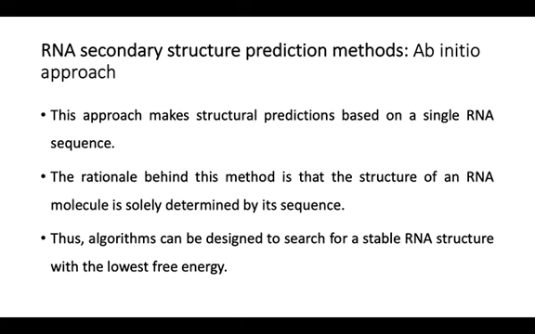This approach makes structure prediction based on a single RNA sequence. The rationale behind this method is that the structure of an RNA molecule is solely determined by its sequence. Thus, an algorithm can be designed to search for a stable RNA structure with the lowest free energy.